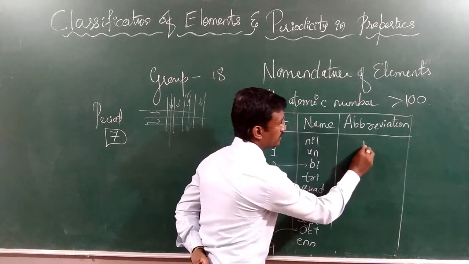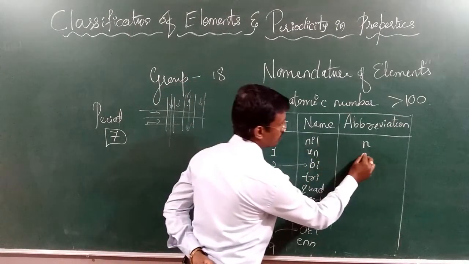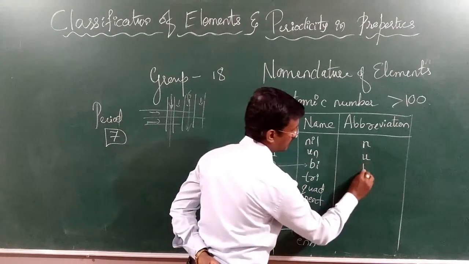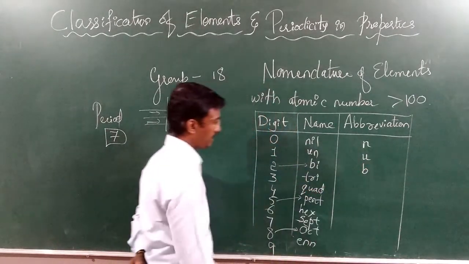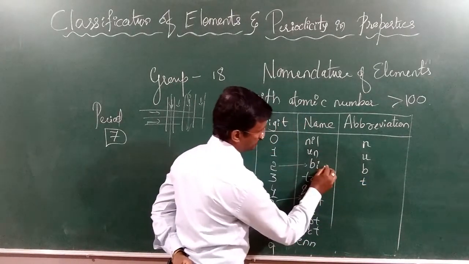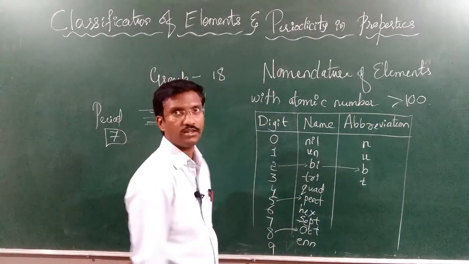So 0 is nil, represented by the small letter n. 1 is un, the first letter is u. 2 is bi, the letter b. 3 is tri, small letter t. The fourth one is quad, not tetra.